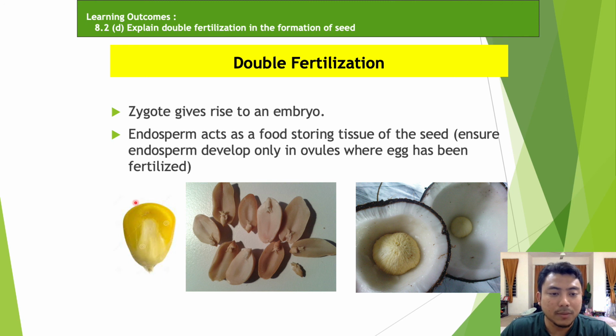The rest of the part, ataupun isi of the seed itu, that is the endosperm. For example of this peanut, the part that I'm pointing at now is the zygote that will later develop into embryo and so on. So this whole part here, selebihnya ni, semua ni adalah endosperm.